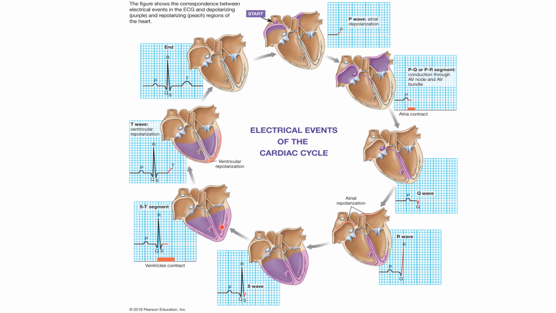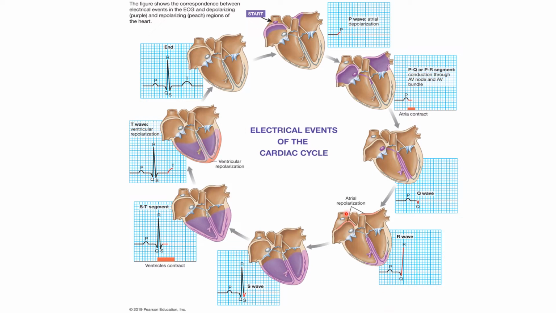After your ventricles contract, they will have to relax. But before relaxing, they have to go through repolarization first. And so you're going to see the T wave right here. Following repolarization, your ventricles are going to relax.